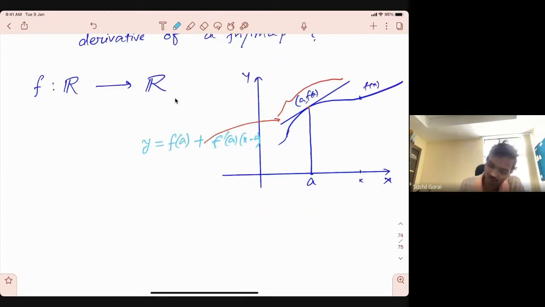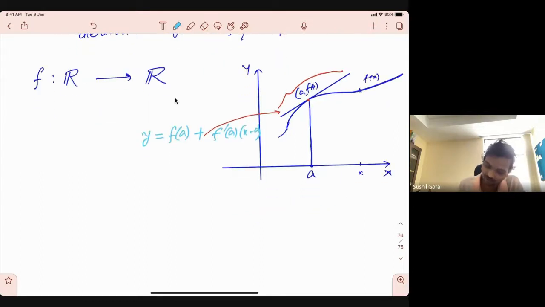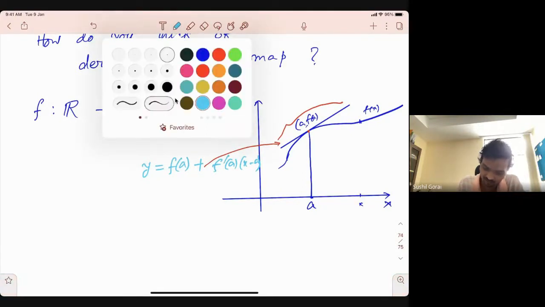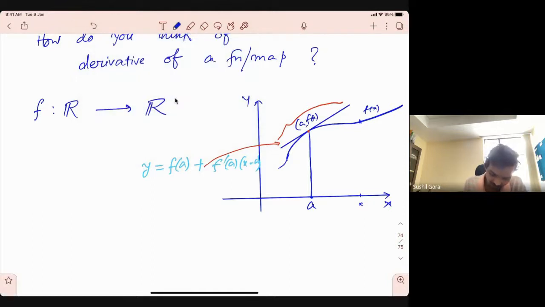Correspondingly, we should try to find a way to generalize this. Our aim is to generalize the above picture.